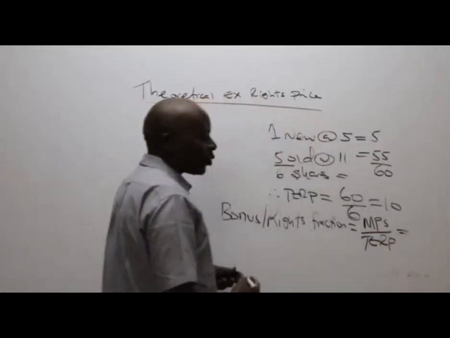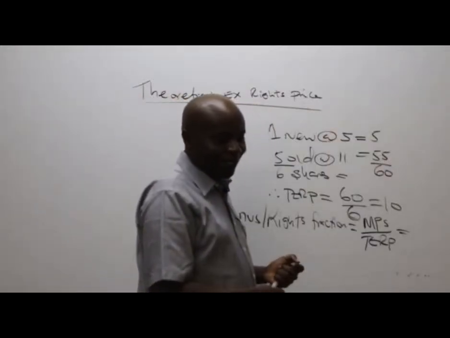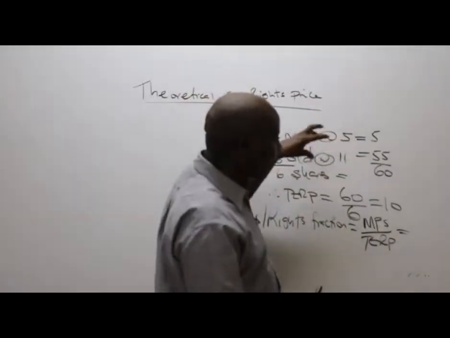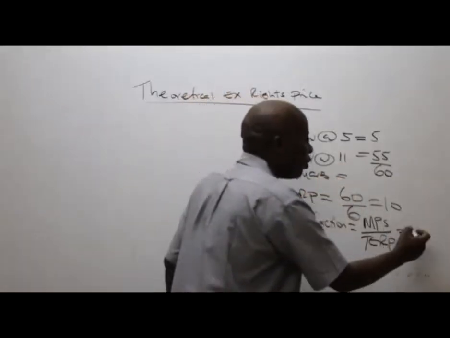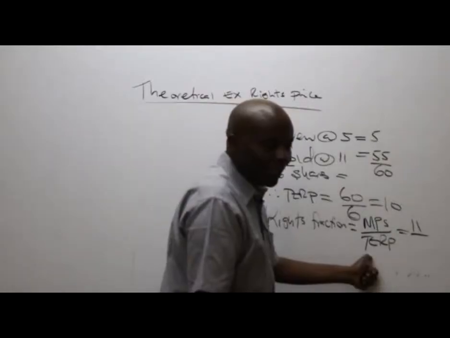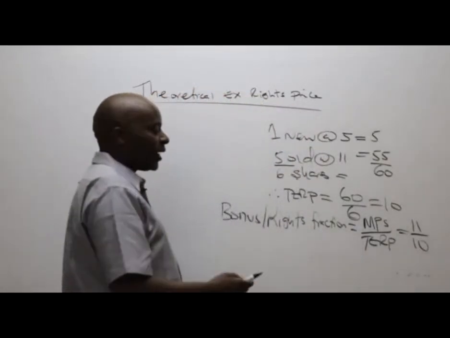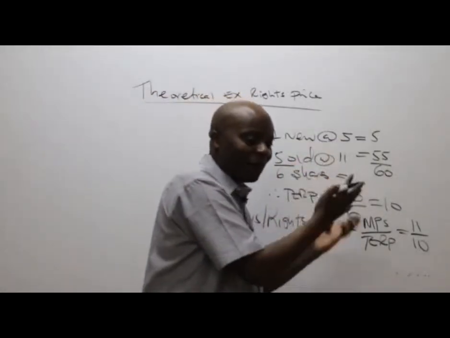So the market price per share, not of the rights, you gave me the old price of 11. 11 over the TERP, which is 10. So 11 over 10. These are low-hanging fruits I'm harvesting.